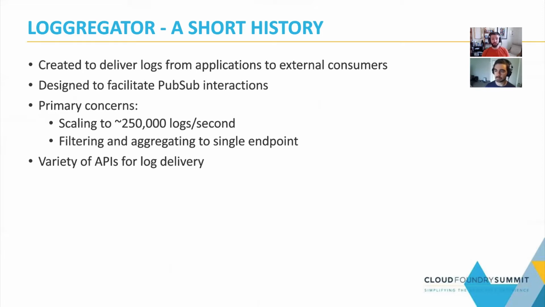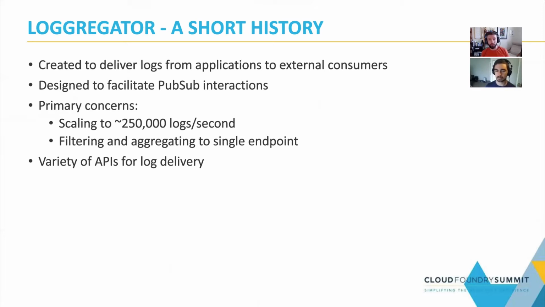It facilitates this pub sub kind of interaction where operators or users can ask for usually some sort of filtered subset of the logs or everything at once to facilitate integrations with the platform. It was designed to scale pretty large. So large foundations can commonly emit hundreds of thousands of logs and metrics a second. And was also designed to give integrators the option to filter and aggregate the metrics and logs in ways that they found useful.